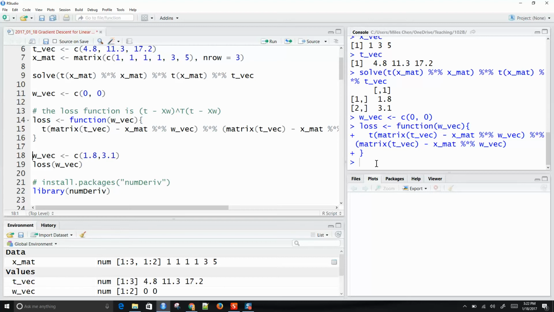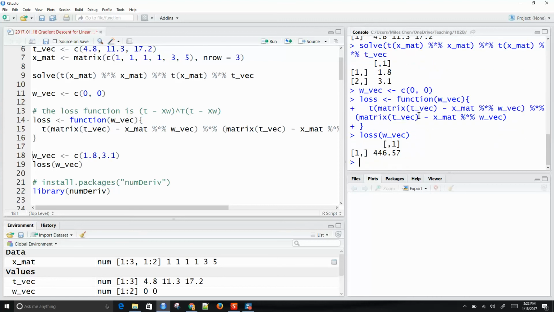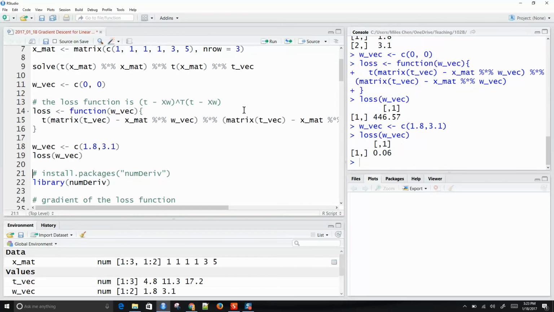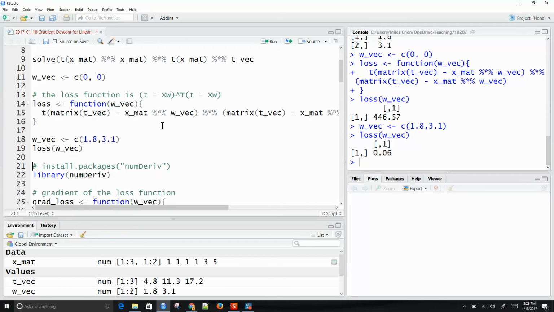And so I could say, what is the loss of our w vector right now, which is 0, 0, and it says the sum of squares residuals. So this is the sum of squares, not the average. The sum of squares residual right now is 446.57. I can say, okay, well, what if we used our already known best answer of 1.83, 1, and here it says the sum of squares residuals there is only 0.06. Okay, so here we're just dealing with the vector form of our loss function. So far, so good? Okay.